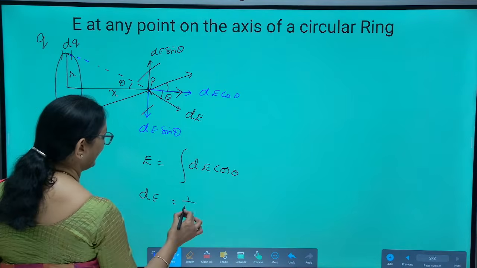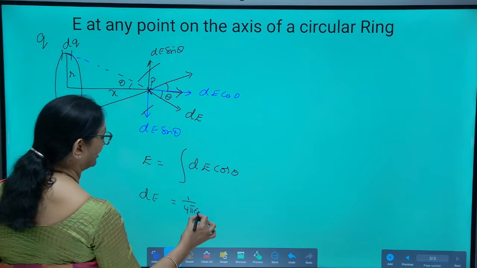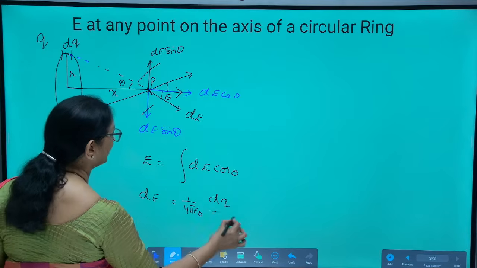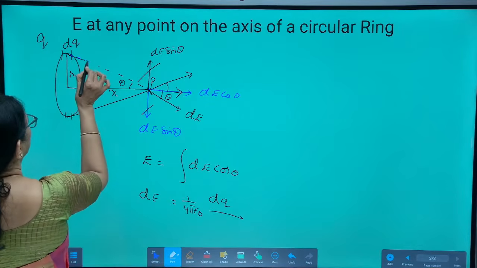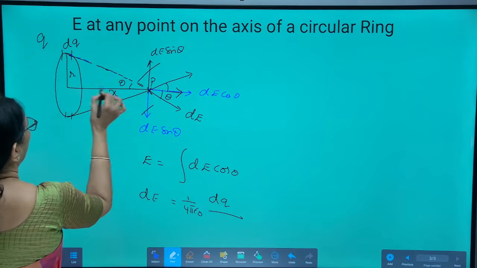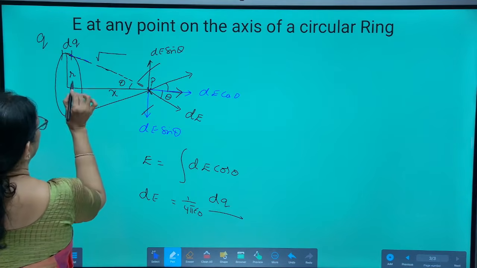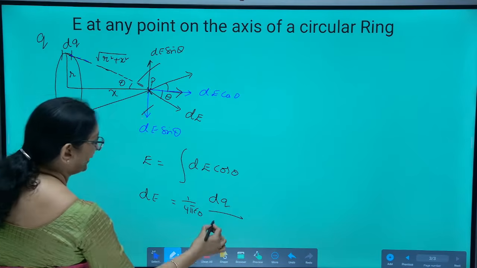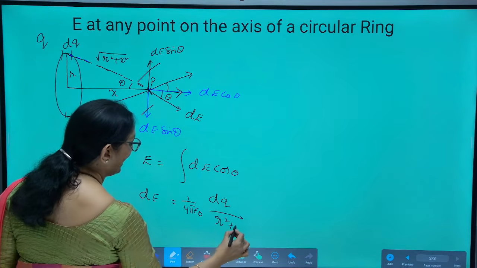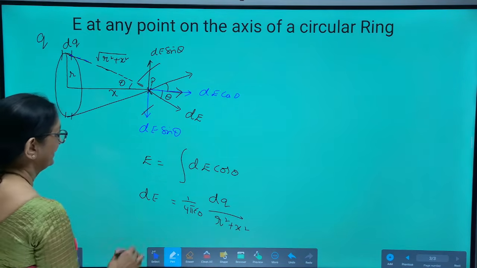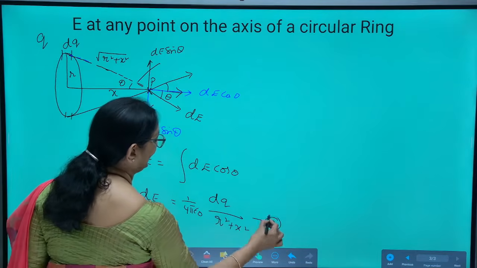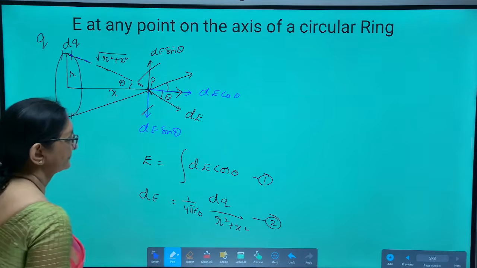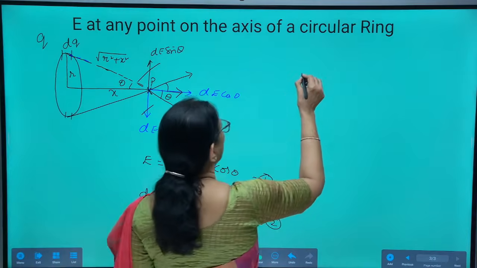So, 1 by 4 pi epsilon naught into dq by the square of this distance. From Pythagoras theorem, this distance is square root of r square plus x square. Square of that distance becomes r square plus x square. Substitute this in equation 1 and we see what happens.